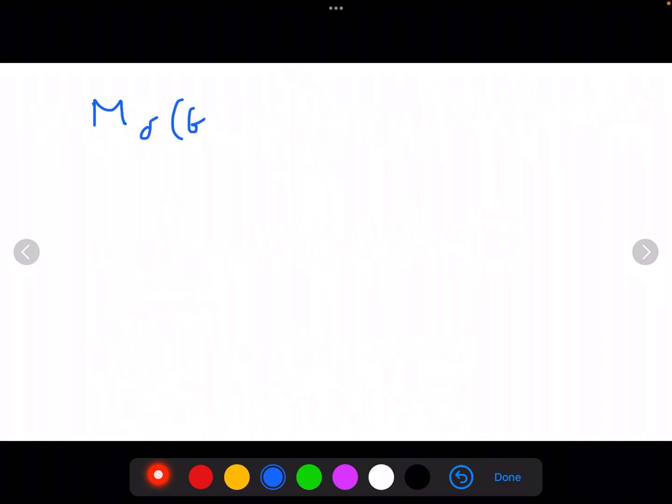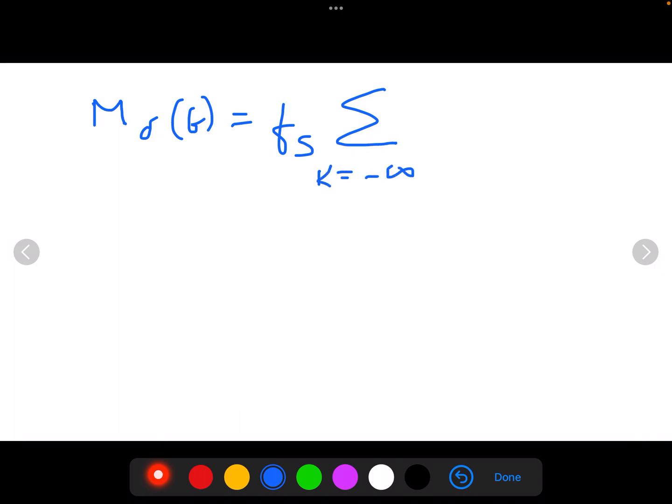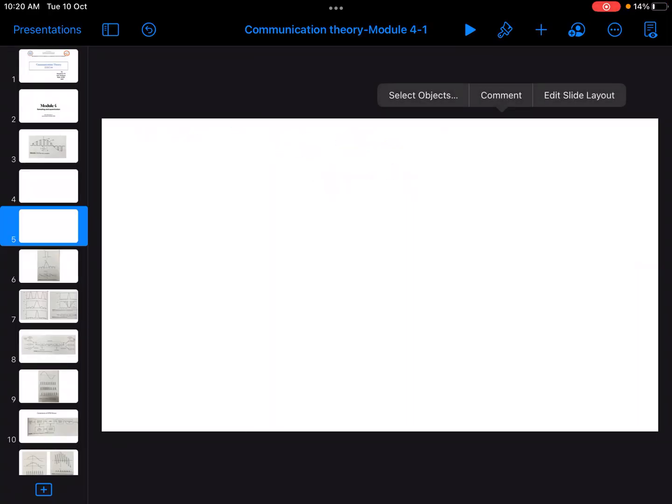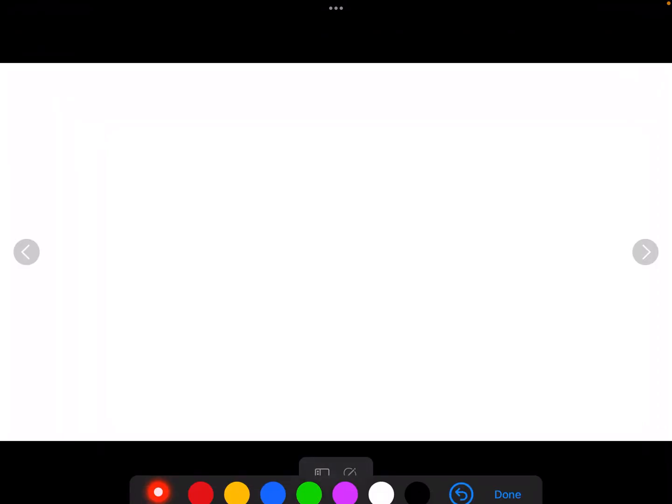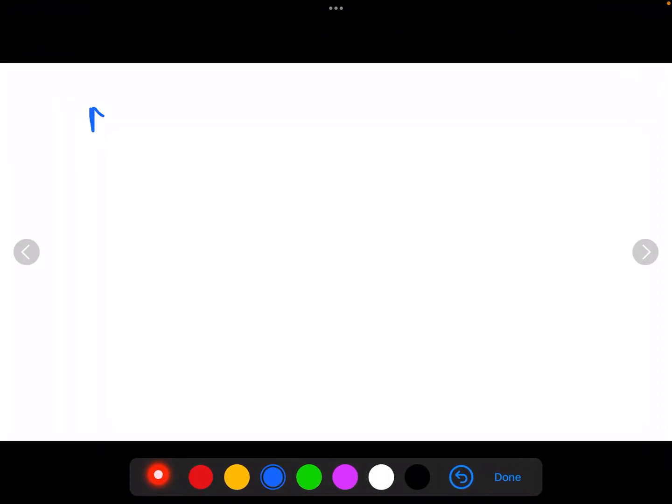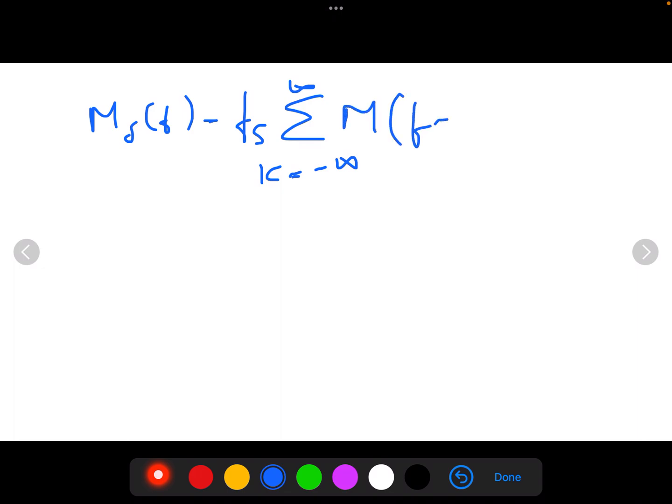M delta of f is given by fs summation k from minus infinity to plus infinity of M of f minus k fs.